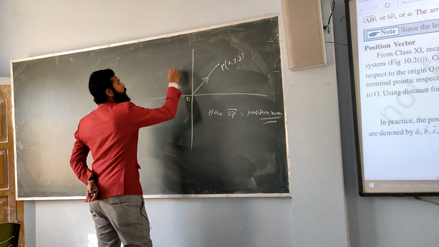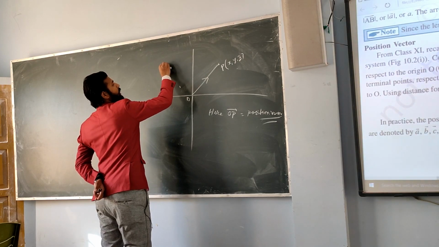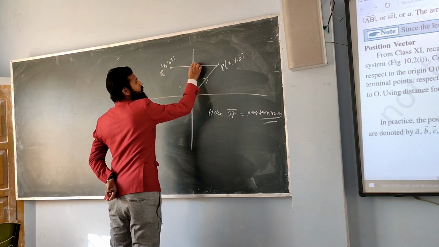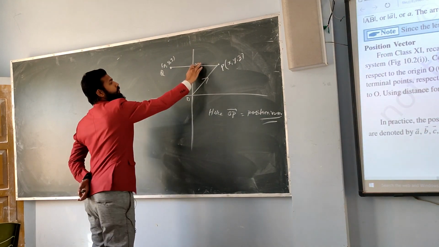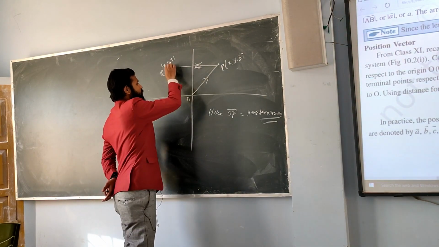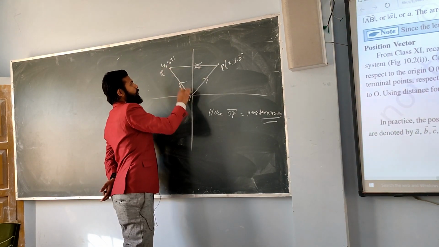Now if I give one more point here, let the point be x, y, z, call it point Q. Can I call PQ a position vector? It is also a vector, but will PQ be a position vector? Now if I connect the origin to Q, OQ is a position vector.